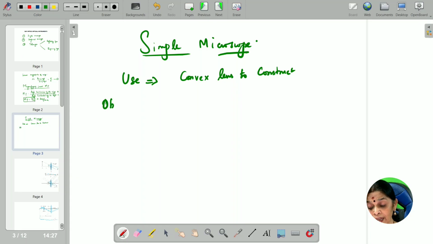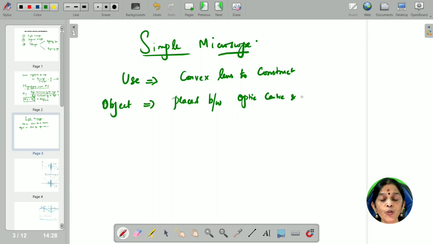Where is the object placed? The object is placed between the optic center and the first focal point of the lens.